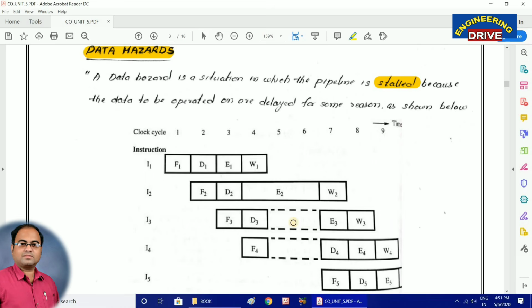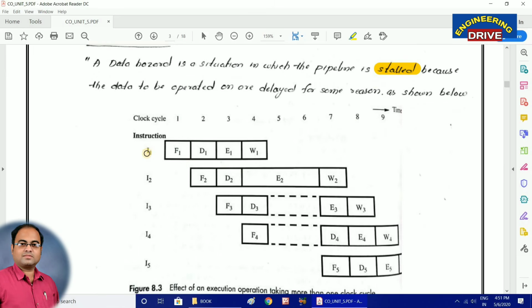My dear students, let us consider these are your cycles from 1, 2 and so on up to 9 in increasing order, and these are instructions 1, 2, 3, 4, 5. These are the 5 instructions we have taken in this example. Now, in instruction 1, these are the steps we have taken here for clarity.